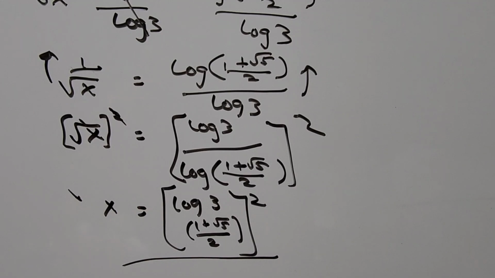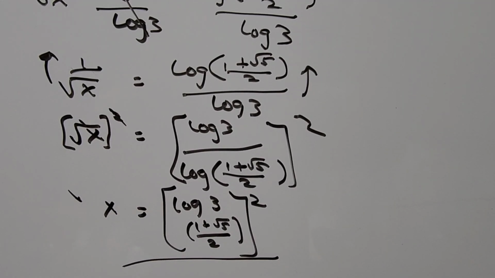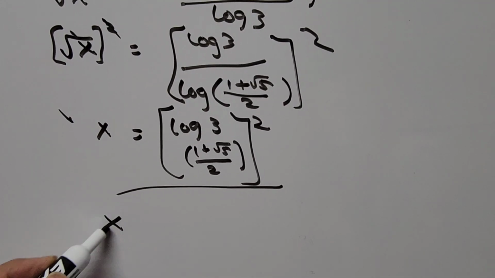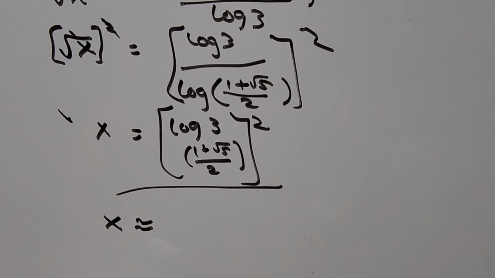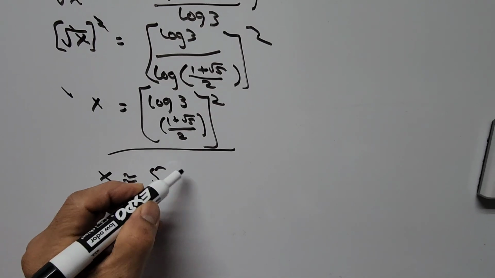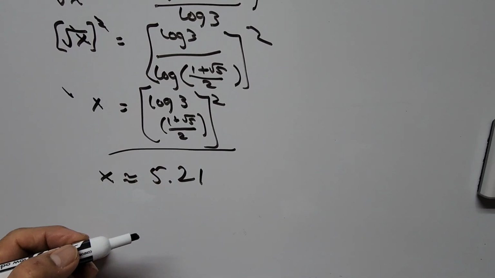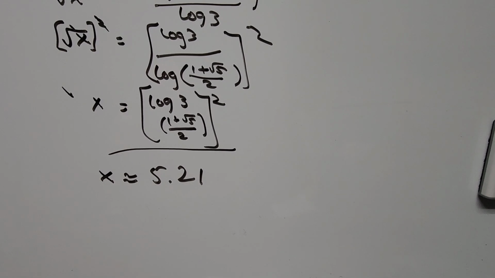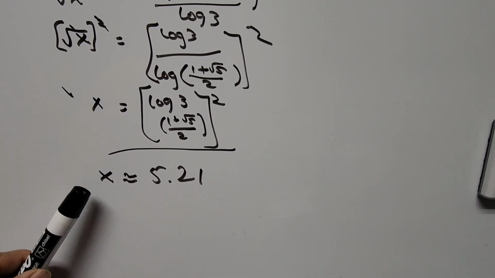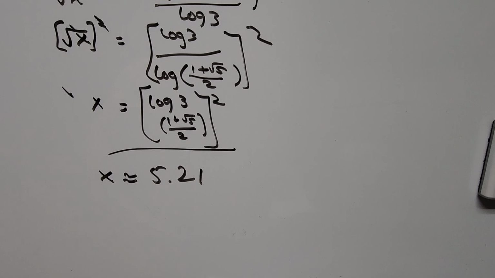If we use our calculator to find the value of x, x is approximately equal to 5.21. Now let's verify whether our answer is correct by substituting this value of x into our original equation.